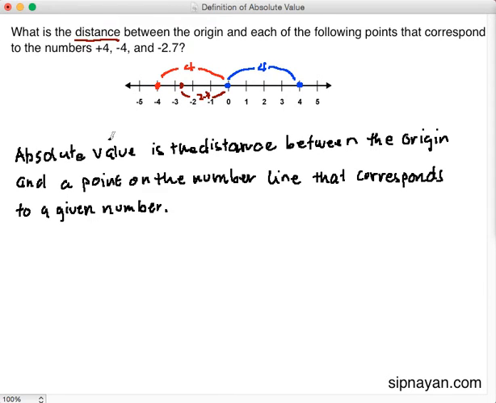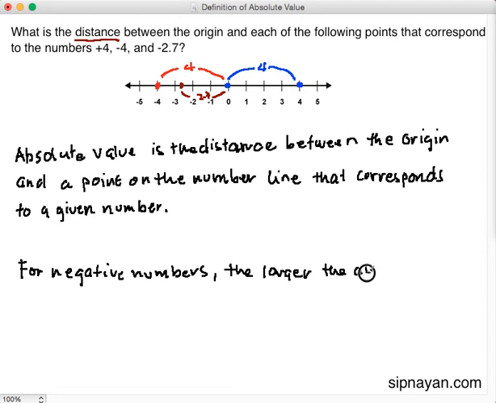So, ibig sabihin, for negative numbers, the larger the absolute value, the smaller the number.